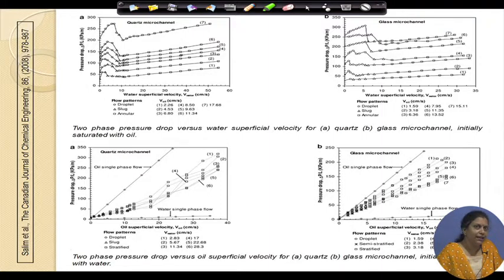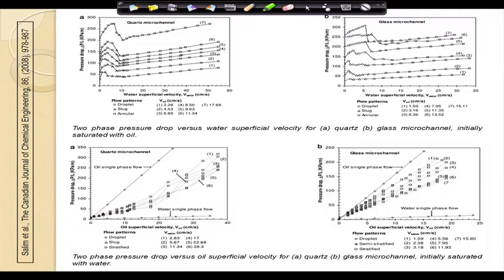And if you recollect, or if you can go back to those slides reported by Salim et al., you will find that there was a significant influence of the tube material. They had used two materials, if you remember, quartz and glass, and there was also a significant influence of which phase was initially saturating the conduit.